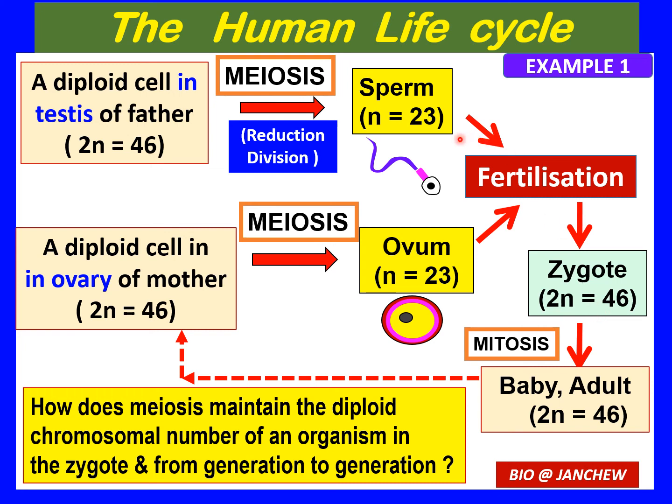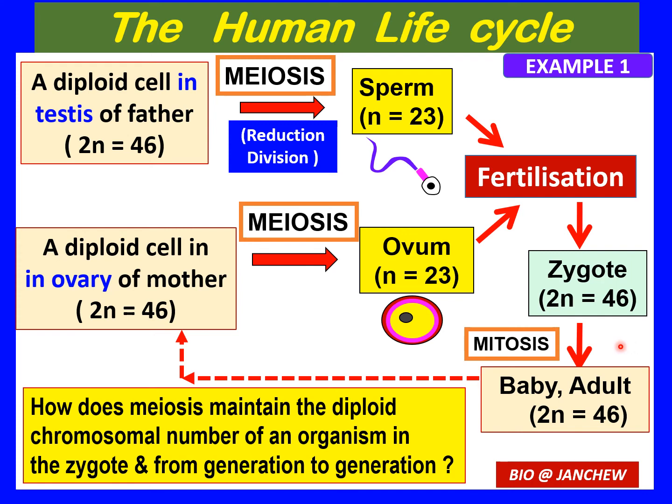One set is from the sperm of the father, and the other set of chromosomes comes from the ovum of the mother. So the zygote is said to be diploid. And we can see that when 23 chromosomes from the sperm combine with another 23 chromosomes from the ovum, the zygote will have 46 chromosomes.